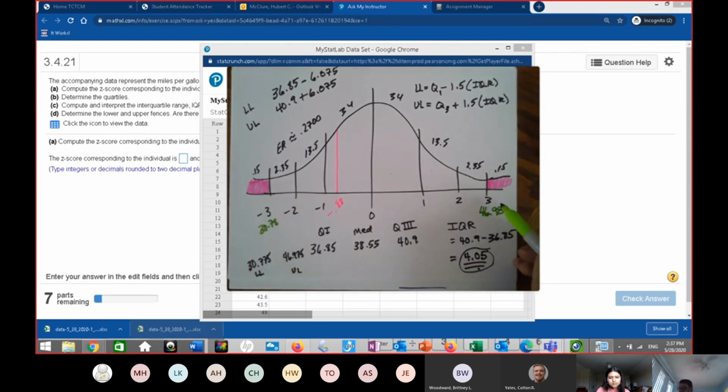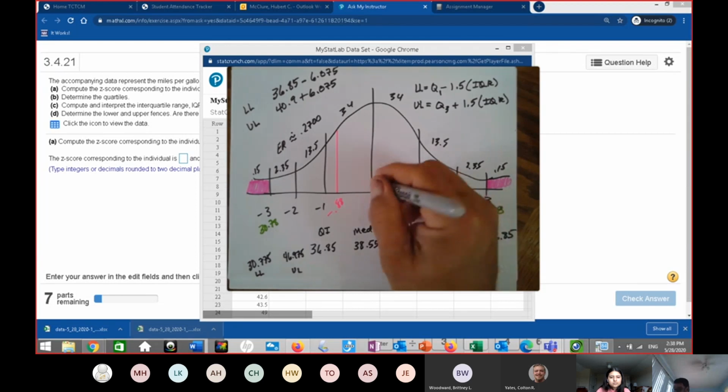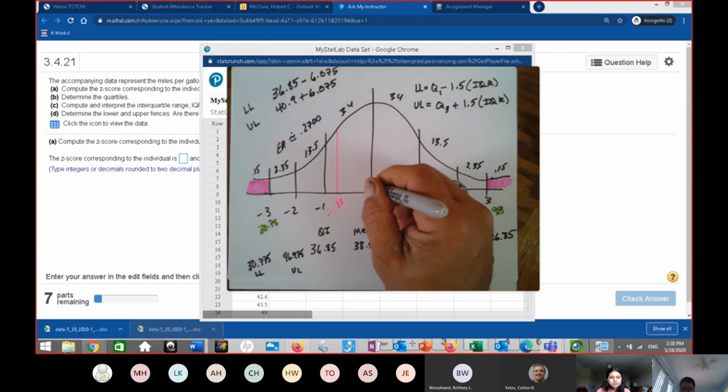Now, if you were doing it with the empirical rule, what was our mean? Our mean was 38.9. So I'm going to do this in a different color, pink. If I was doing the empirical rule, this middle one would be 39.